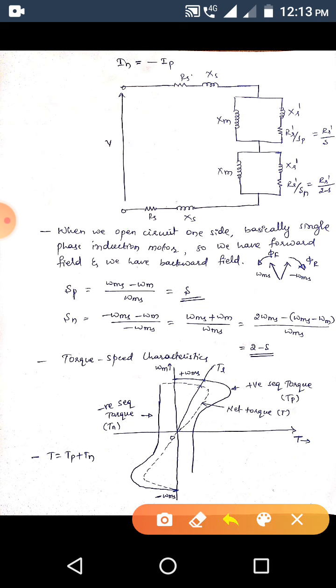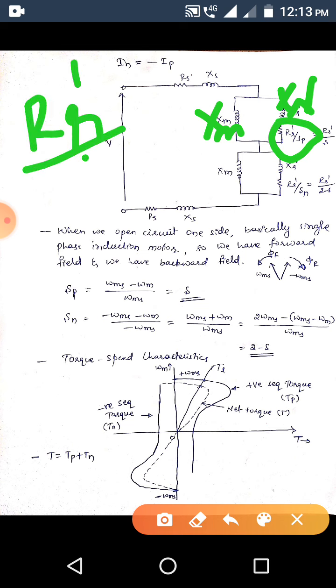Rs is the stator resistance and Xs the stator reactance. Then the magnetizing reactance, then the rotor leakage reactance, that is Xr prime here. Then rotor resistance, that is R prime divided by the slip, the positive slip, R prime divided by Sp.